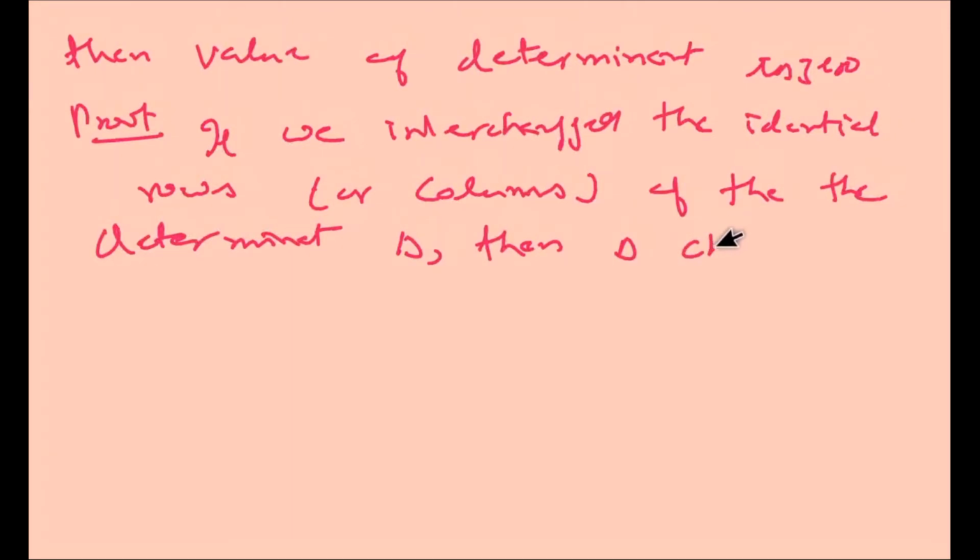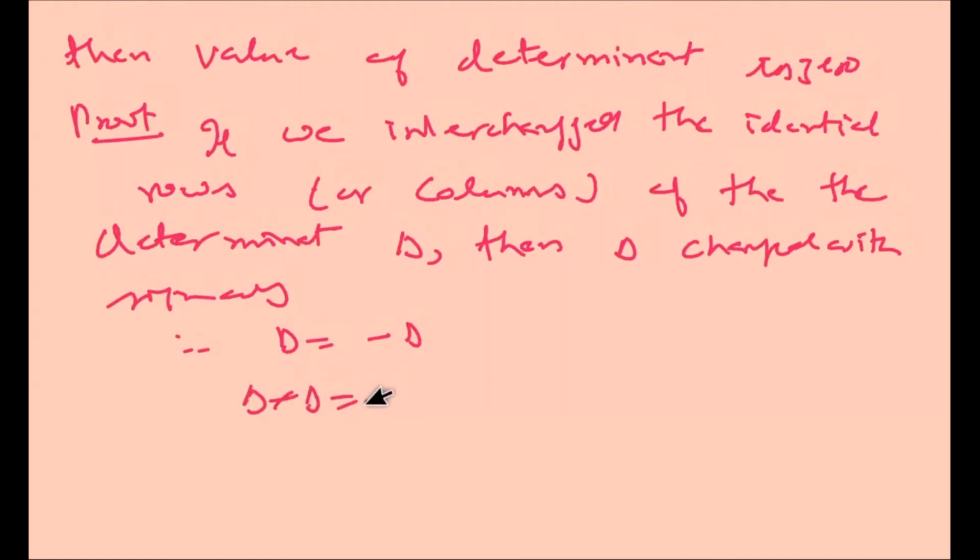Delta changes only with the sign, hence delta equal to minus delta. So delta plus delta equal to 0, 2 delta equal to 0, delta equal to 0. Hence the value of the determinant is 0. Okay. Example.